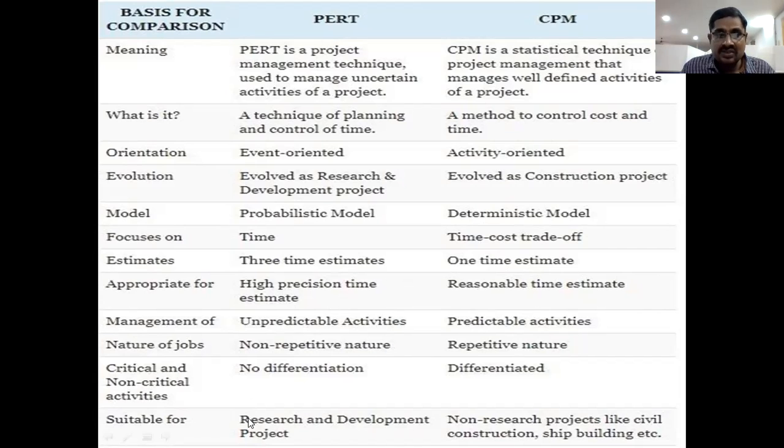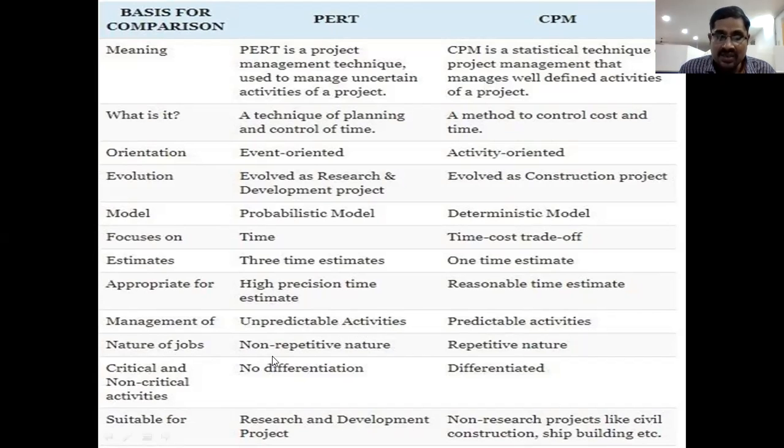Next, PERT is used for unpredictable activities. CPM is used for predictable activities. Predictable means estimated activities. Here we don't know the exact activities held in PERT or large scale projects. That's why we don't estimate or predict each and every activity to complete our project here.